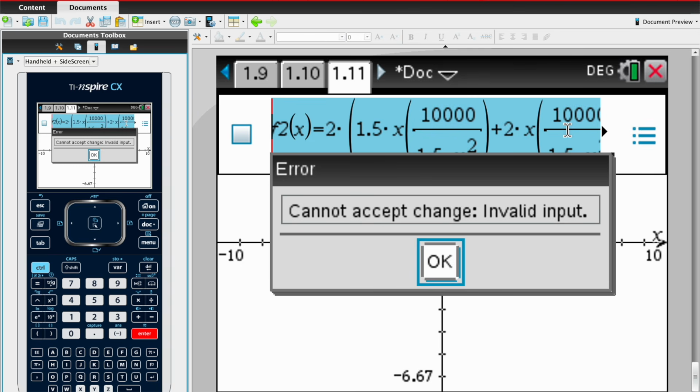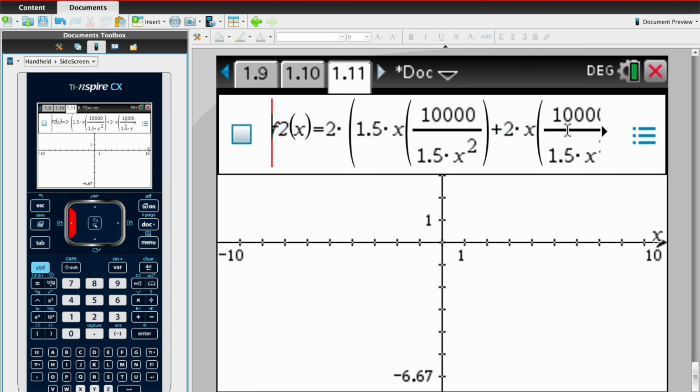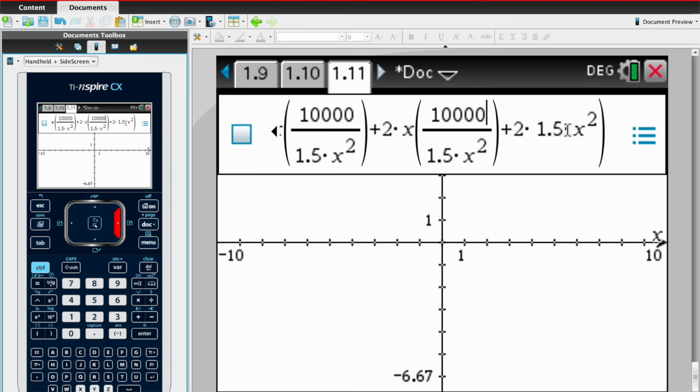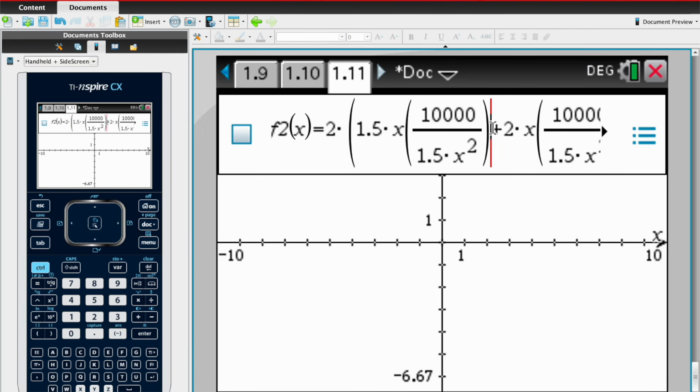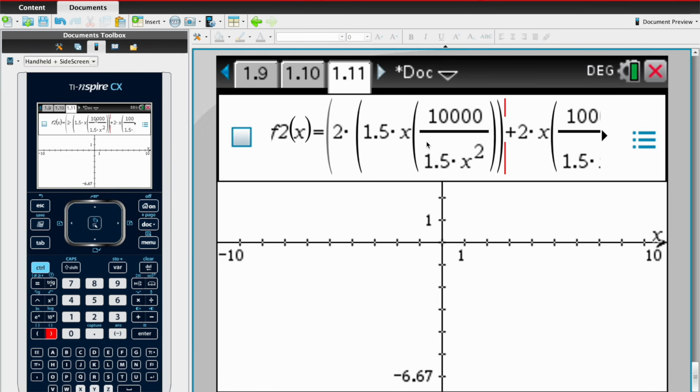All right, cannot accept invalid input. So is there a place where we have, this looks okay to me, unless I've thrown in a W somewhere. Okay, let's see. 2 times, this is good. No, it is not. Okay, so 2 times this, just making sure that this 2 is being multiplied by everything here. This is good.